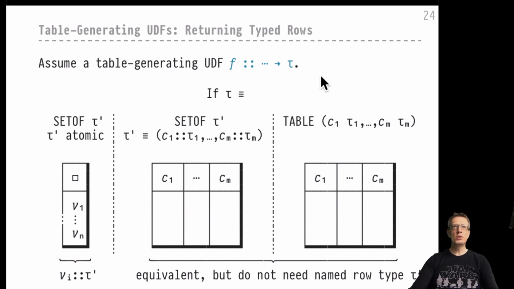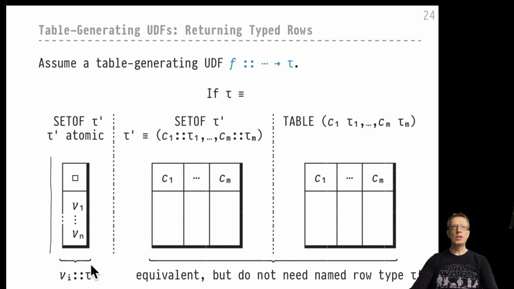So this is not a question if the return type is a table of atomic values. This is this particular leftmost case here on the slide. If your return type tau is indeed set of tau prime, where tau prime is atomic, what you would generate is this single column table, and everything is fine.